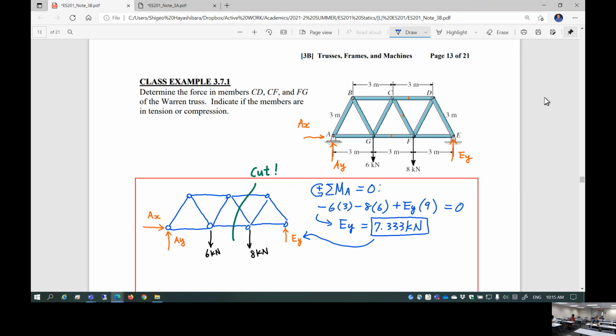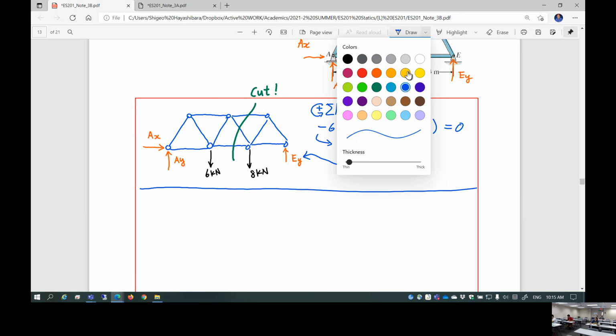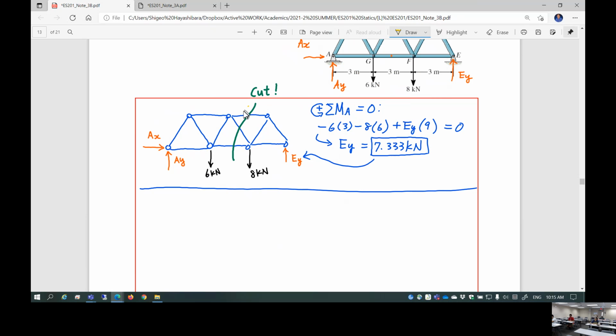Okay? And then AX, AY, I don't care. I don't even want to know them because I'm not going to use this side of the cut free body diagram. Now I know EY, that's all I wanted to know. So now the free body diagram of this cut segment is what I'm going to move on to next.